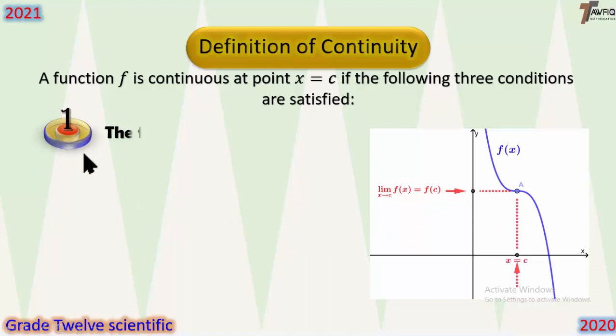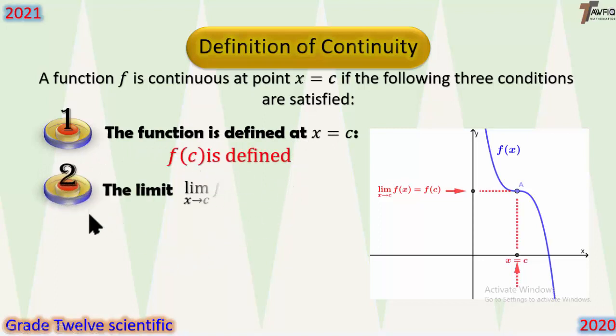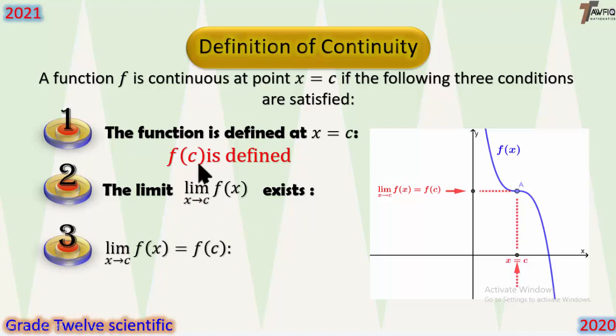The first one, the function is defined at x equal to c, that means f(c) is defined. The second one, the limit as x approaches c of f(x) exists. The third one, the limit and the value of the function are equal.